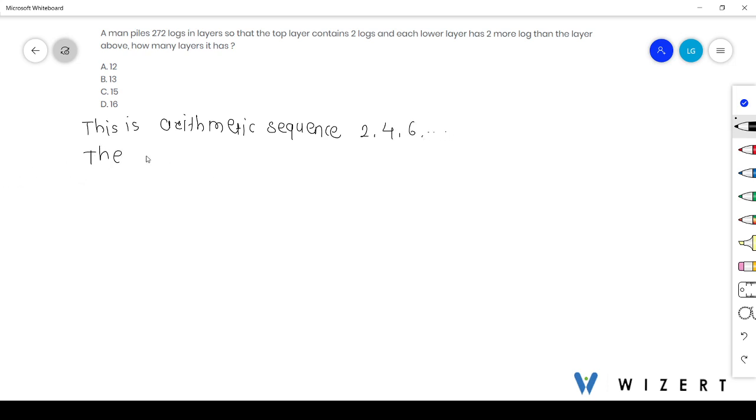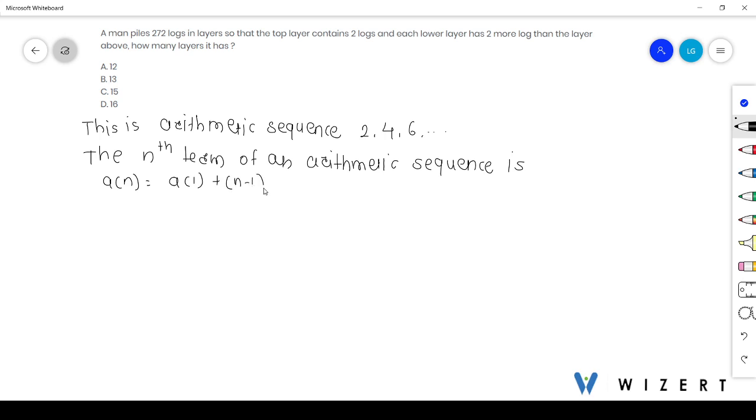The nth term of an arithmetic sequence is given by a of n equals a of 1 plus n minus 1 into d, where a1 is the first term.